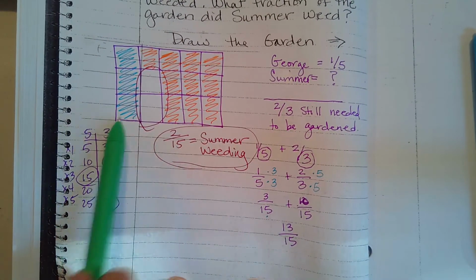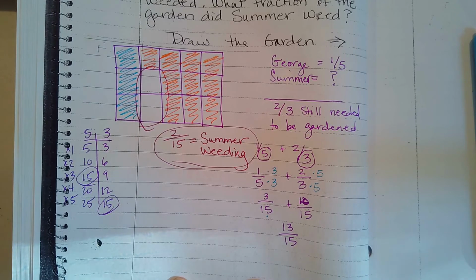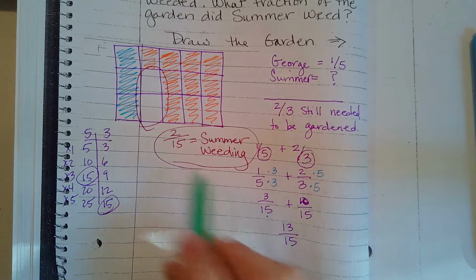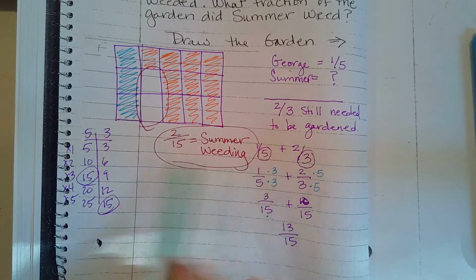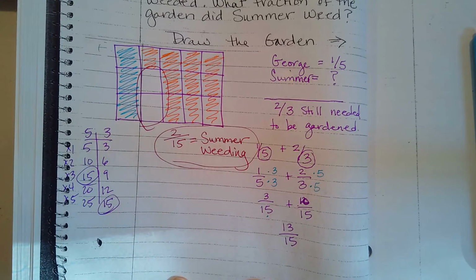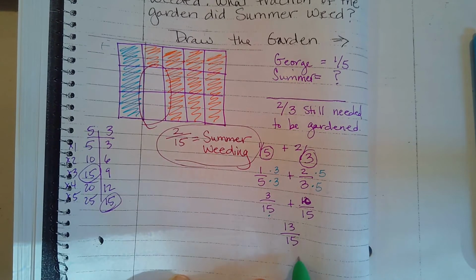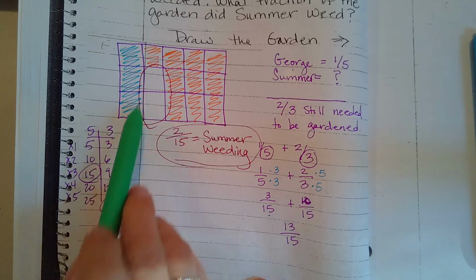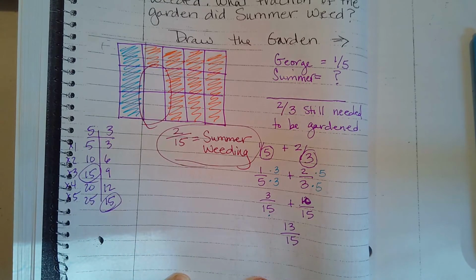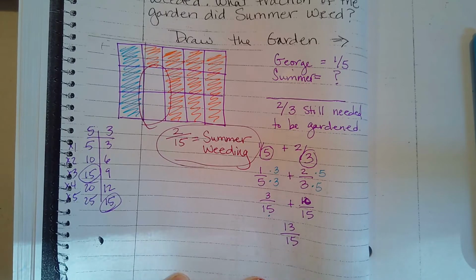And we knew there had to be 15 pieces all together because we scoreboarded and found a common denominator. Added it up, got 13/15. Well, 15 over 15 minus 13 over 15 is going to give you 2/15. And that's exactly what we did up here.